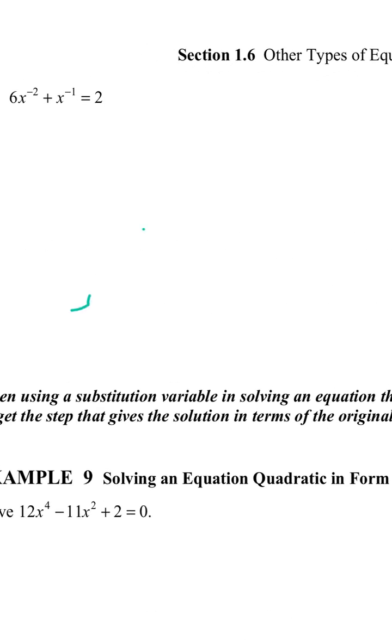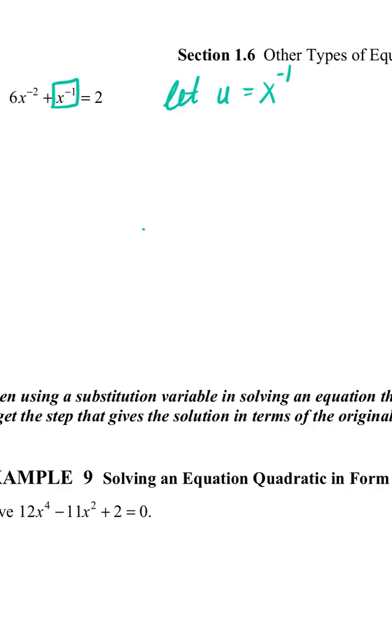All right, so now we've got x to the negative 2. So we're going to let u, so u is going to equal x to the negative 1. So we're going to let it equal this piece right here.